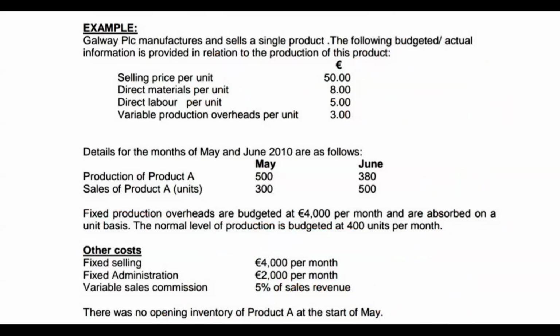Now that we have an under absorption of 200, we can go ahead and start answering the question. Very easy. We always start with revenue. We are doing absorption costing. So multiply the selling price per unit times the units, 380 times 50.